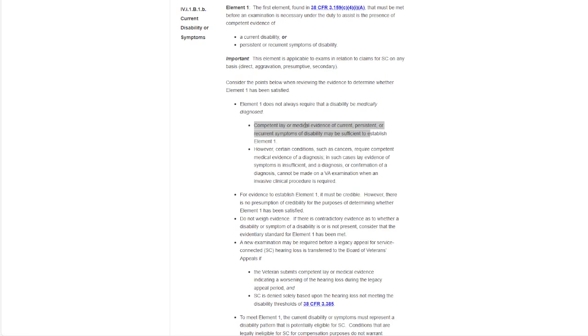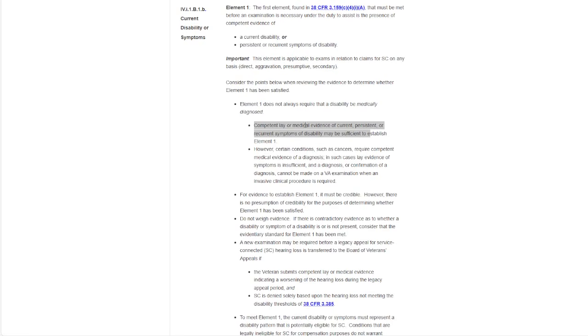It doesn't count. So a lot of the time, I deny people, my hand is forced, because I have to say that there is no element one to get an exam, because a condition doesn't satisfy this element. And in order to move forward in the claims process, you have to satisfy this element.